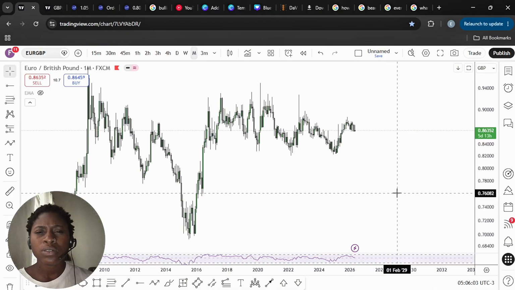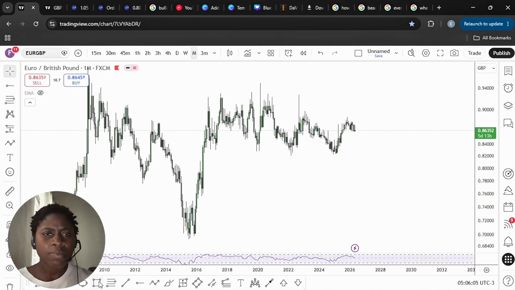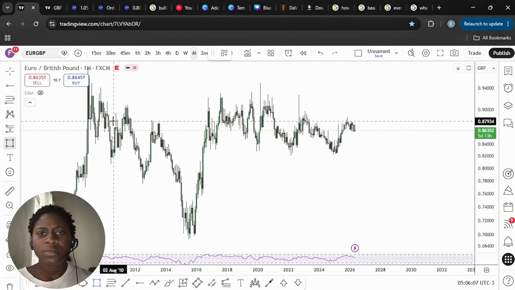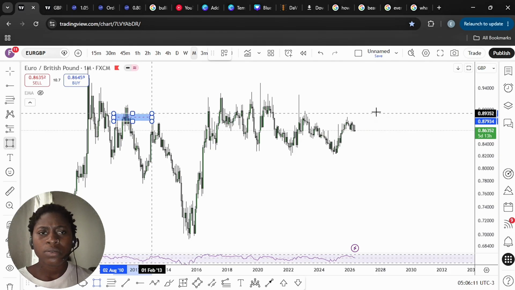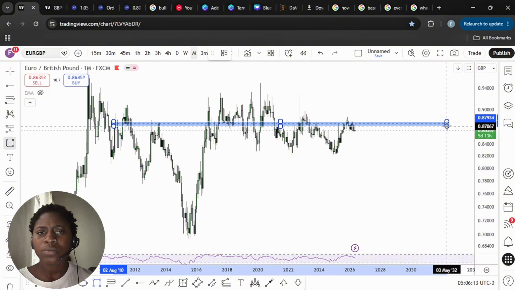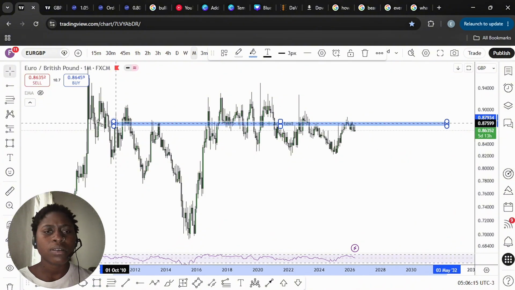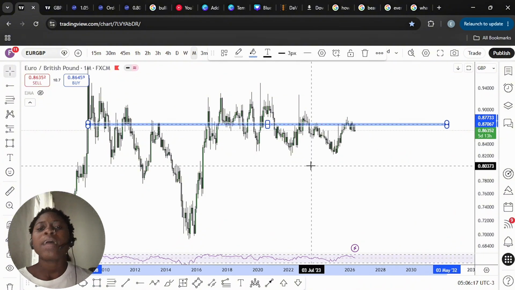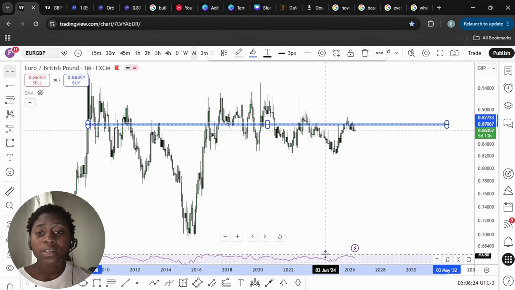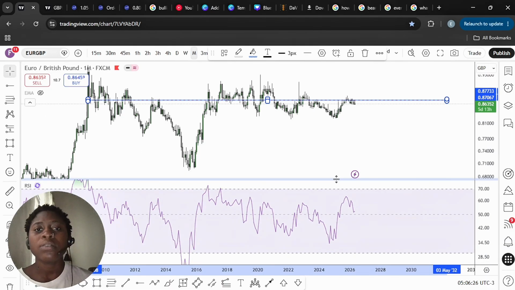Let's see if I can get any zones drawn out. Okay, I got one. That place is a resistance, and price is currently trading resistance, right?